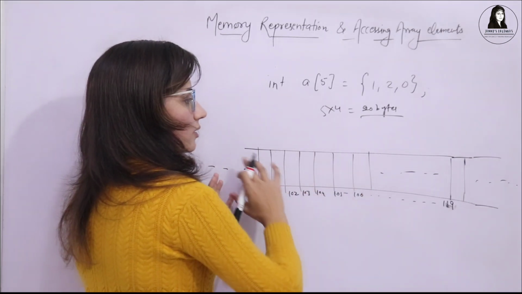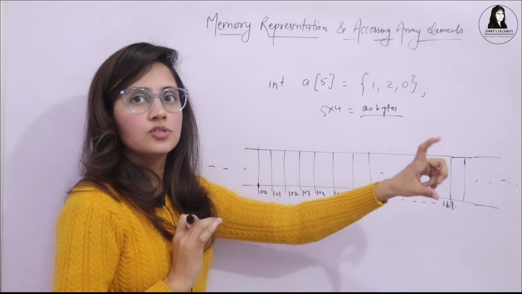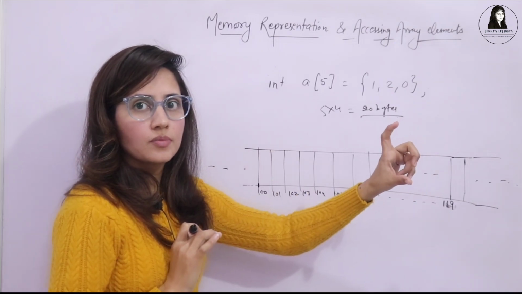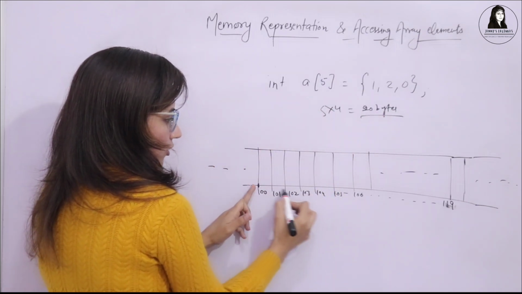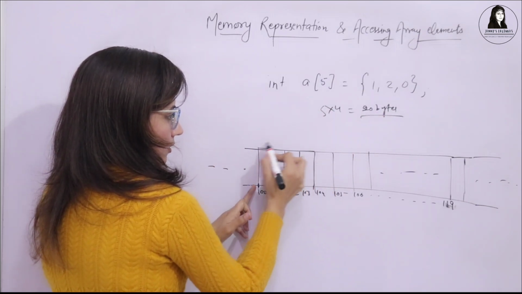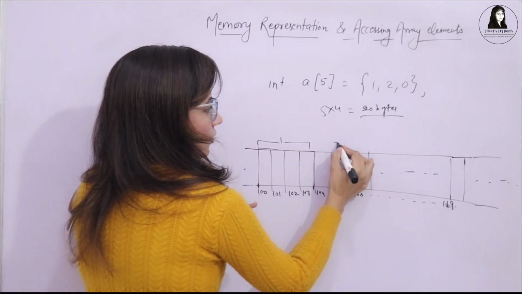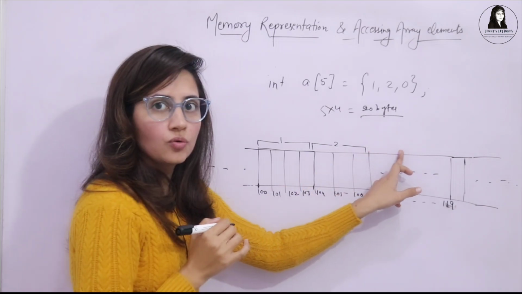So these array elements are to be stored contiguously, in contiguous memory locations. Now 1 would be stored in these 4 bytes from here to here. Then 2 would be stored in the next 4 bytes. Then in the next 4 bytes, the 0 would be stored.